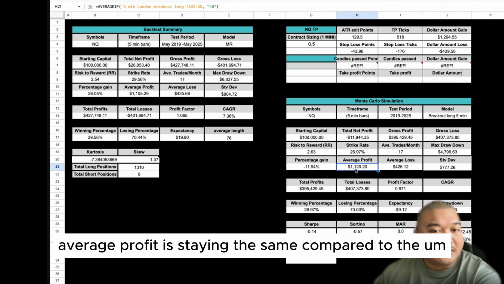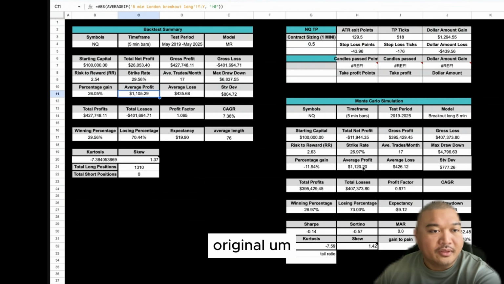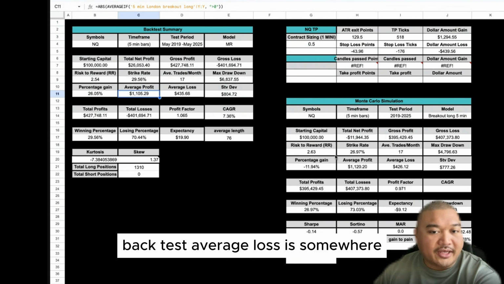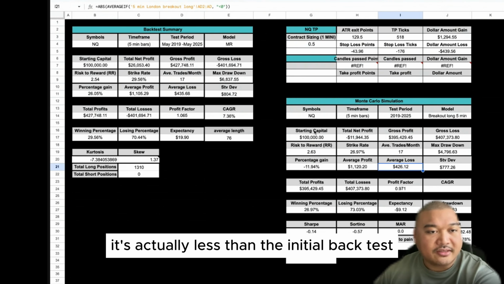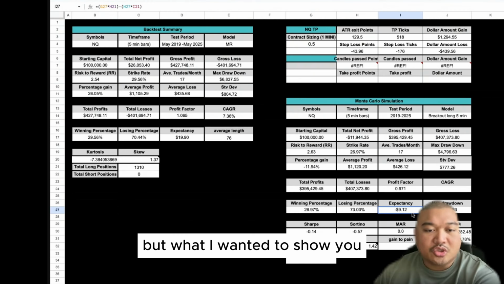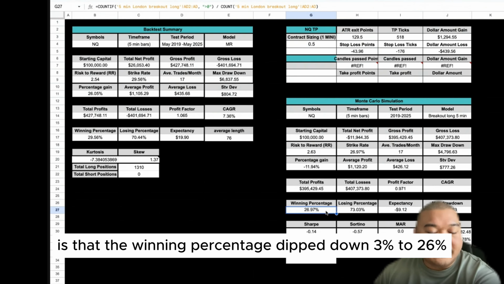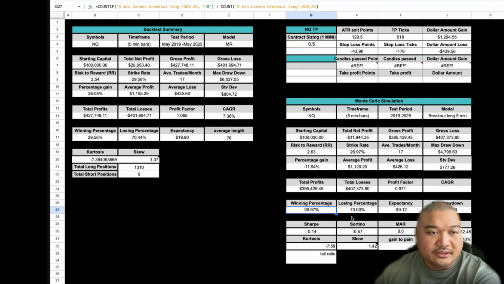Average profit is staying the same compared to the original backtest. Average loss is actually less than the initial backtest. But what I wanted to show you is that the winning percentage dipped down 3% to 26% from 29, right?